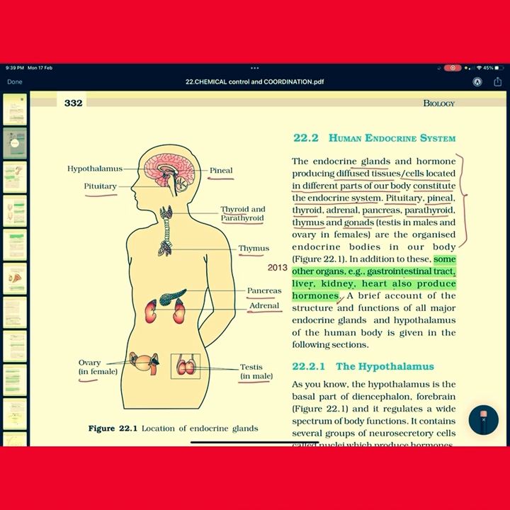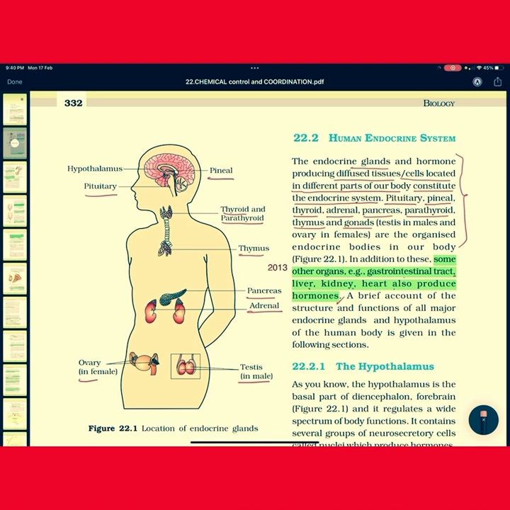These are all produced by the gastrointestinal tract. Here too the main function is digestion and the secondary function is releasing hormones. Hence these organs are unorganized endocrine glands.